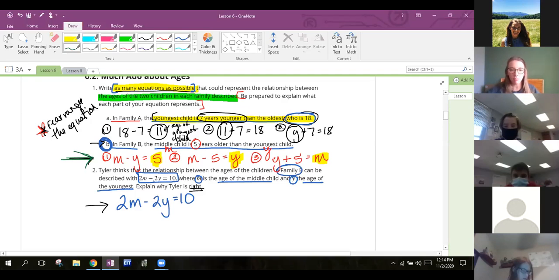So someone tell me, why do you think that this equation that Tyler came up with is correct? Because they are both equivalent. Okay, how do you know that they're both equivalent? Because it uses the same numbers. Okay, I didn't use any 2s and 10s up here in part B. What do you mean they use the same numbers?